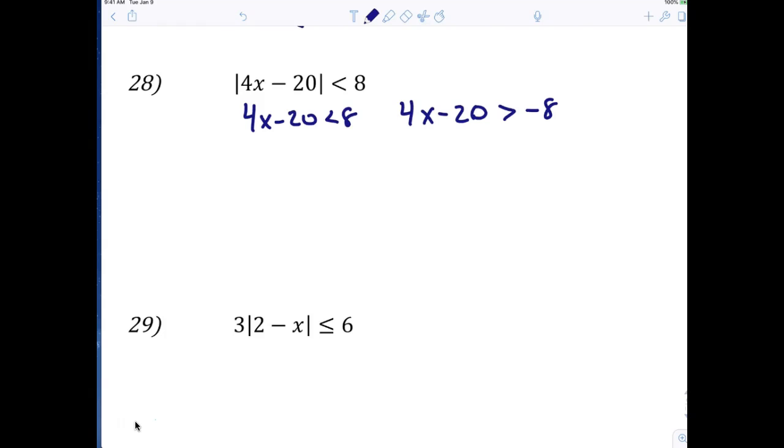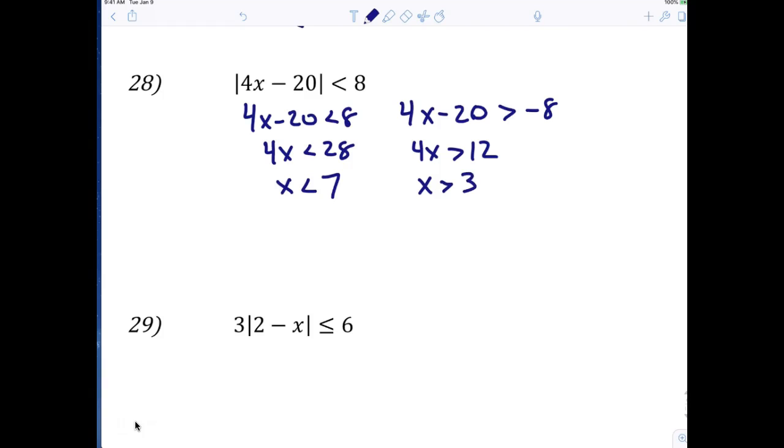Everybody good? Now we're going to add 20. So we would say 4x is less than 28, so x is less than 7. And then 4x is greater than 12, so x is greater than 3.